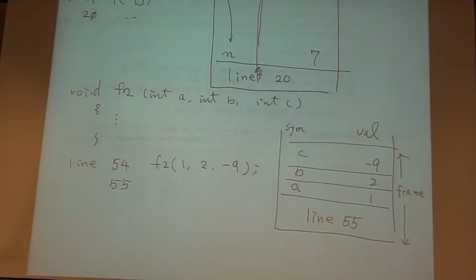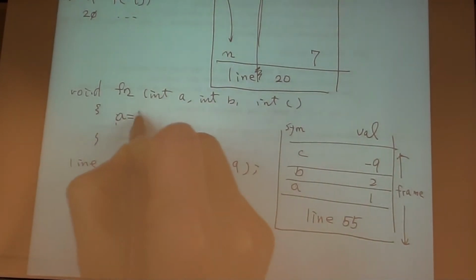But how do you know when we use the variable? You know A is 1, B is 2, C is minus 9. How do you know A is above B or A is below B? Shouldn't we put that in the function, like the calculation, A equals B plus C?